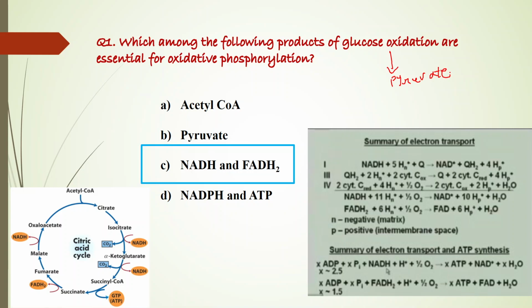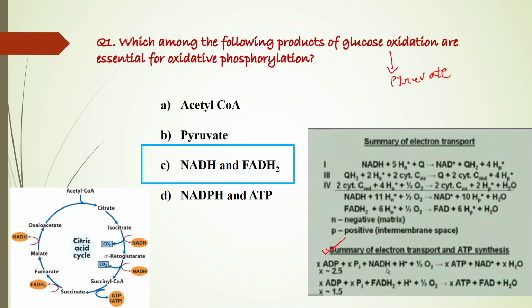So that is the overall process. In the whole process of glucose oxidation, you can see the involvement of NADH and FADH2.